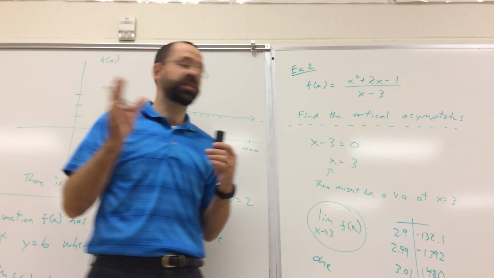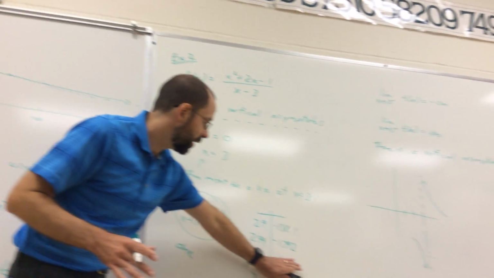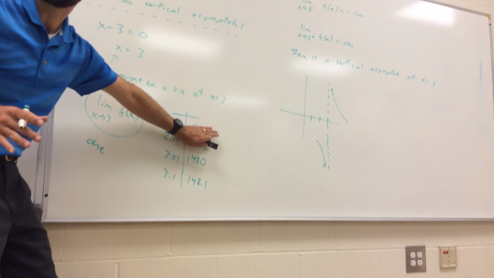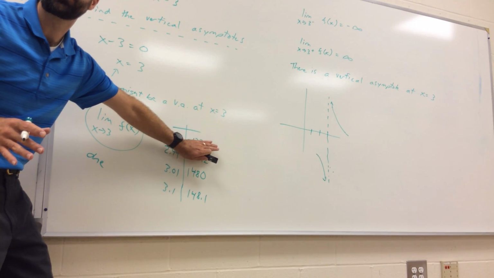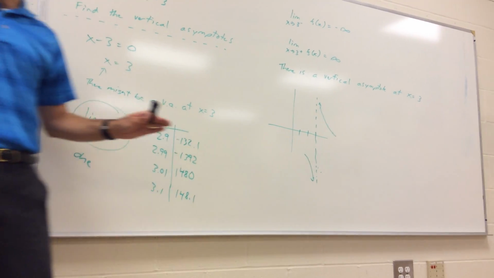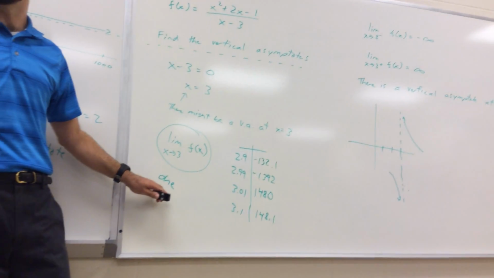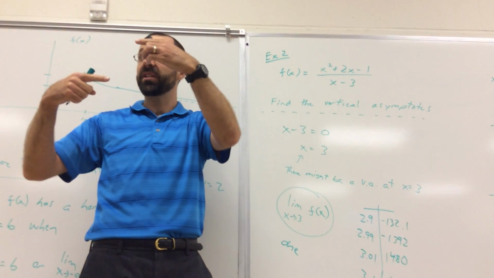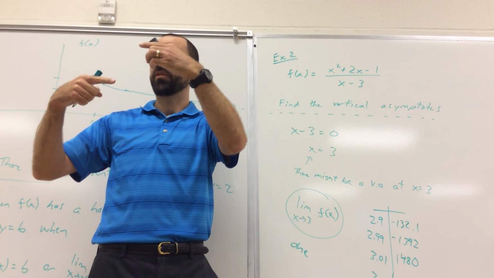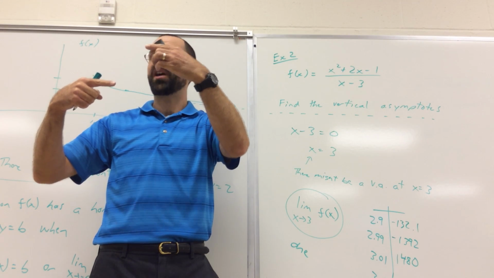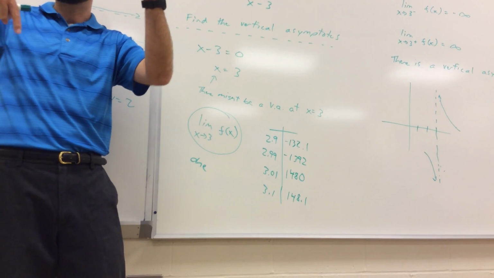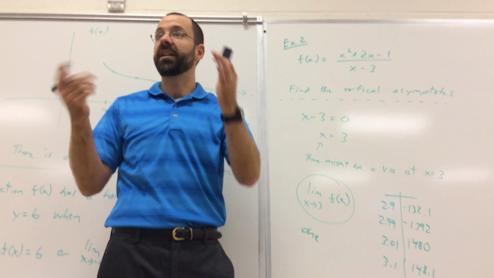What matters is the fact that it was going to negative infinity and or positive infinity. Good. So it would be possible to have a does not exist limit where one side was going to 3 and the other side was going to 7, and then that wouldn't be a vertical asymptote. But if you have a does not exist limit where it's going to negative infinity and positive infinity, then it is a vertical asymptote.